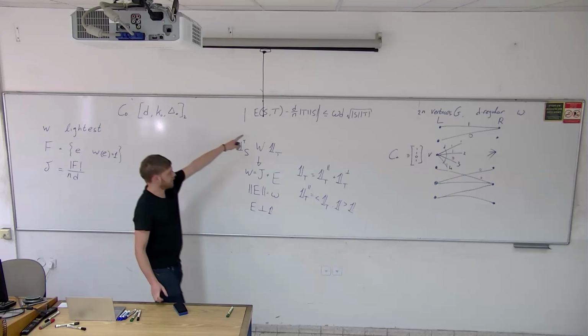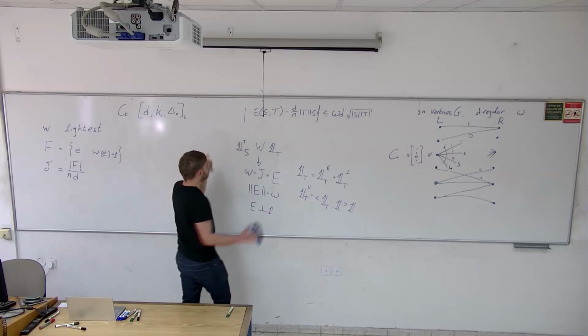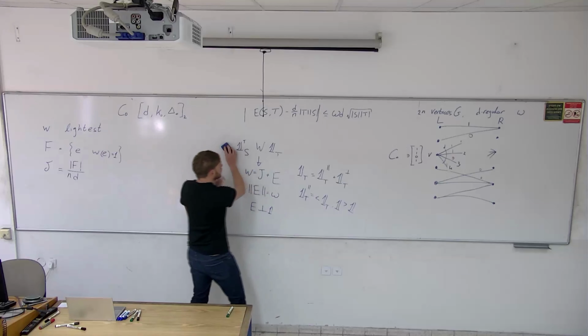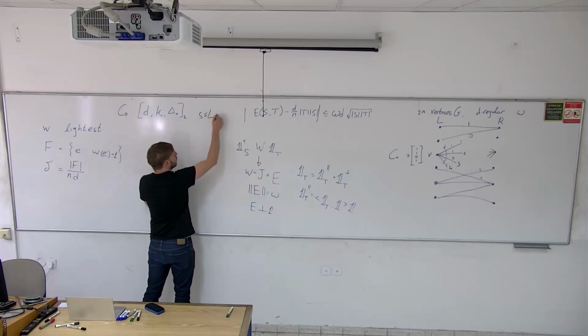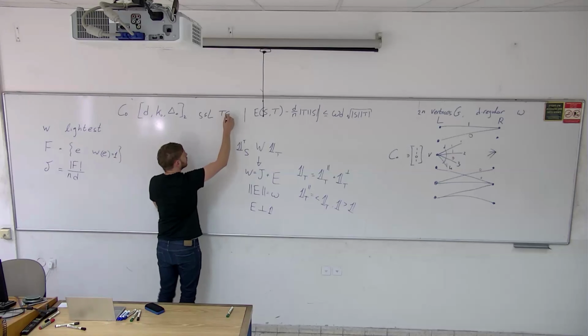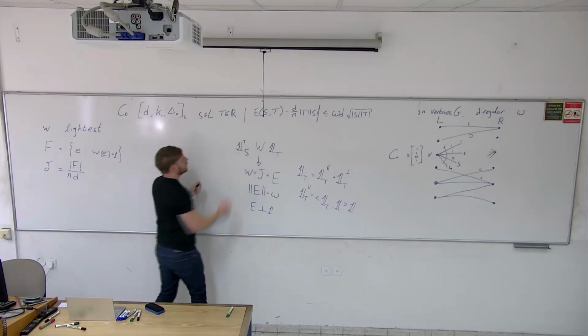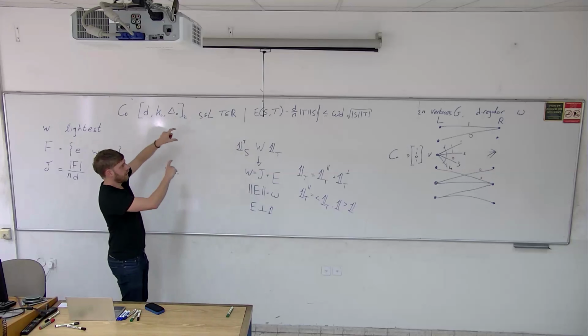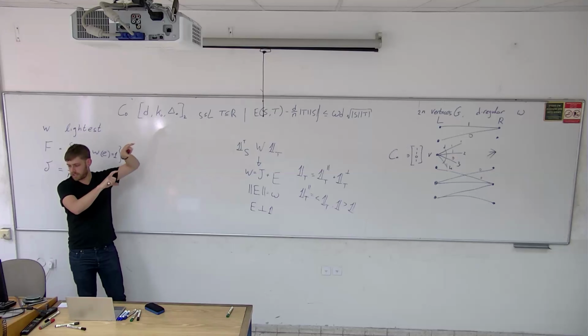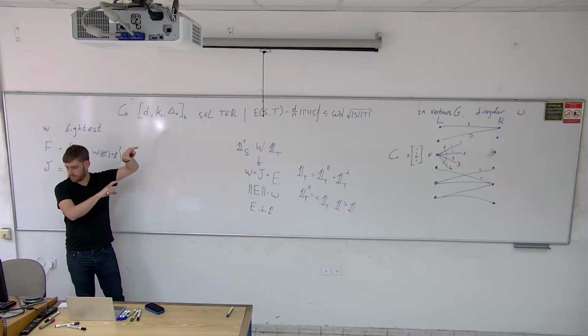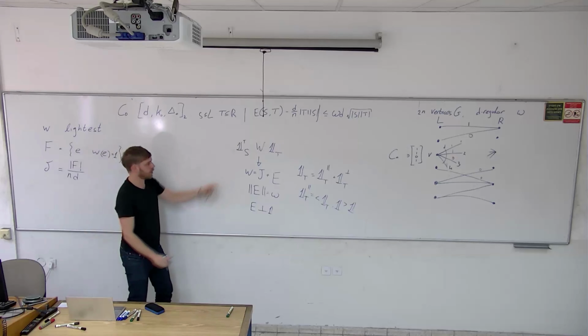Okay, let's move on. This is the standard mixing lemma for a bipartite expander, where S is a subset of L and T is a subset of R. Of course you can take two sets on the same side and there will be no edges between them. The proof goes just the same.